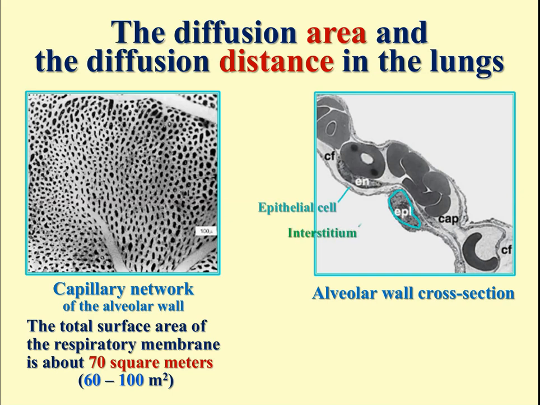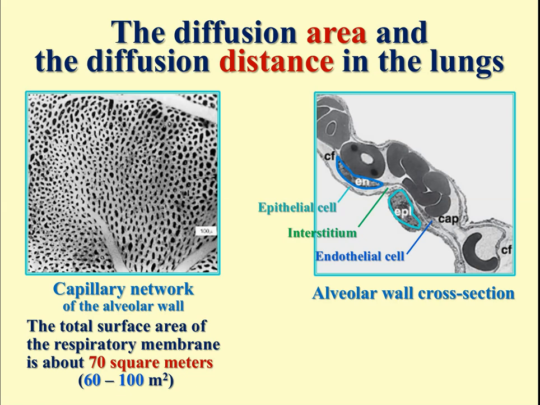Then there is interstitial space, which is extremely small, just a little space between epithelial and endothelial cells. And the last layer is endothelial cells of capillary walls. They are also very thin, except for the areas of their nuclei.